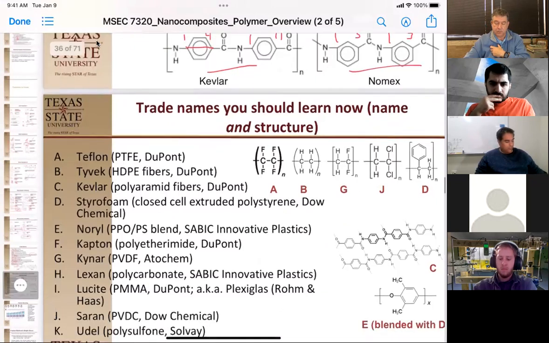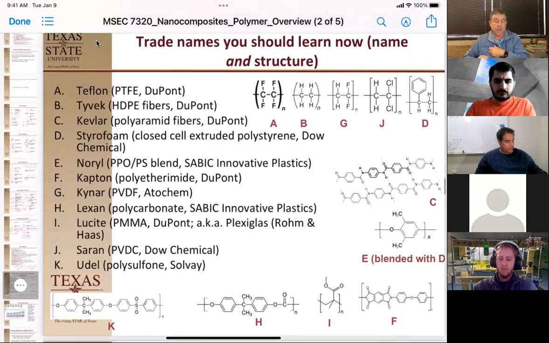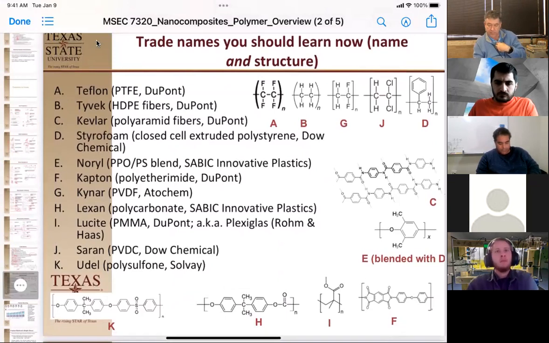And here are the structures of all of those, just in case. I'll post these on the Canvas site, so you'll see that those have the different structures. We have the vinylidene fluoride, the vinylidene chloride.